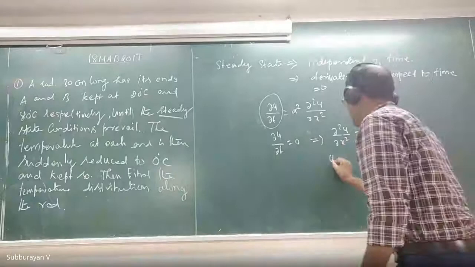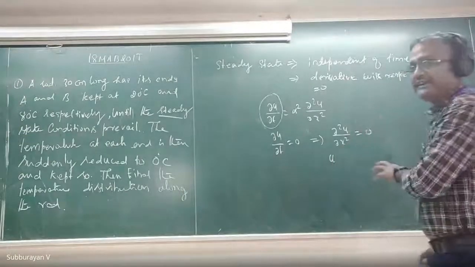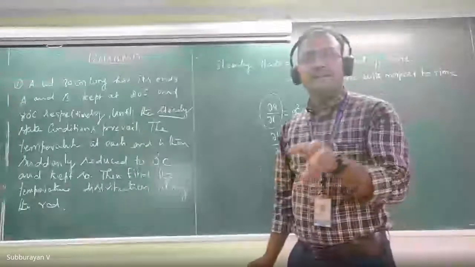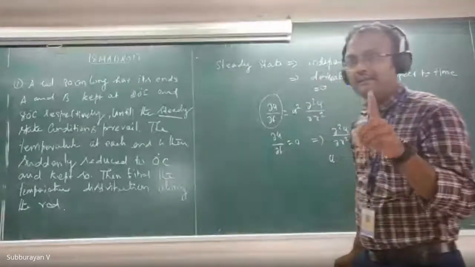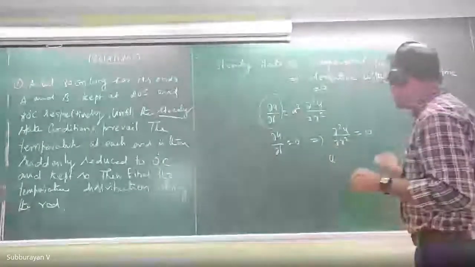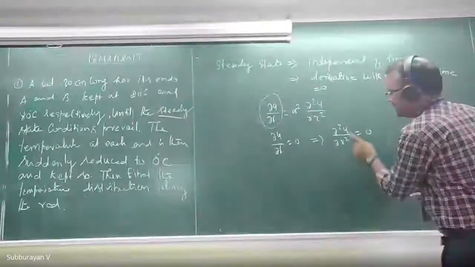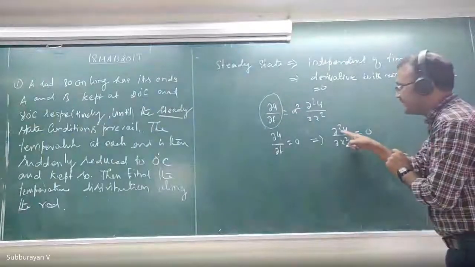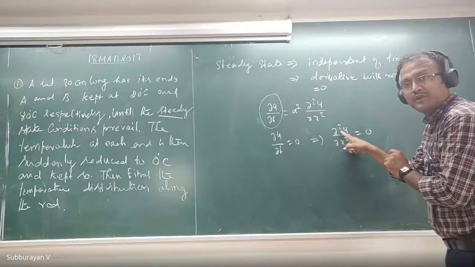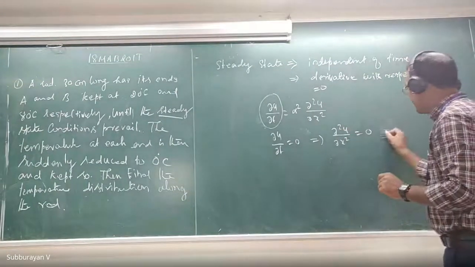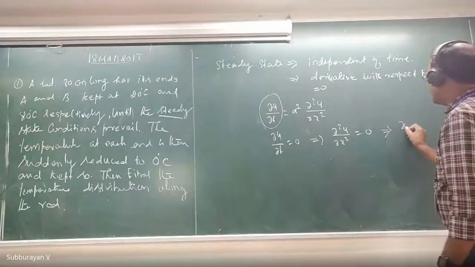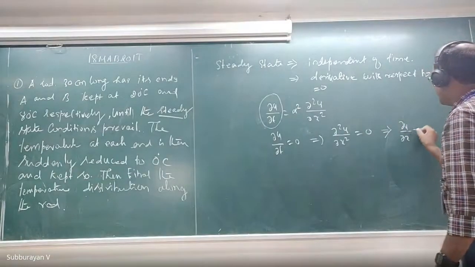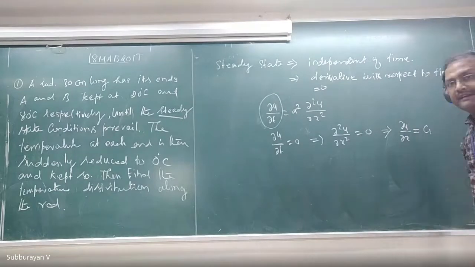Second derivative equal to 0 means it must be a linear polynomial. I will tell you how we got the linear polynomial. I want the solution of this second order differential equation, dou square u by dou x square equal to 0. First integrate this with respect to x. Then you will get dou u by dou x equal to some integrating constant c1.